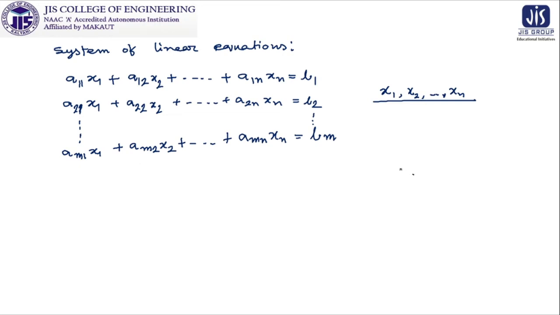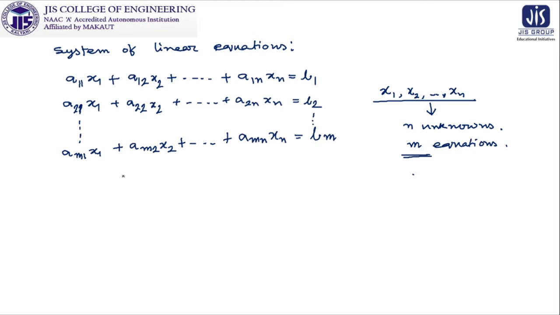Now here there are n unknowns, and we are getting first one, second one, third one. In this way we are getting m equations. There will be some relationship between this n and m. They may be equal, they may be unequal, and so on. We are not going to enter into that discussion in this particular part.